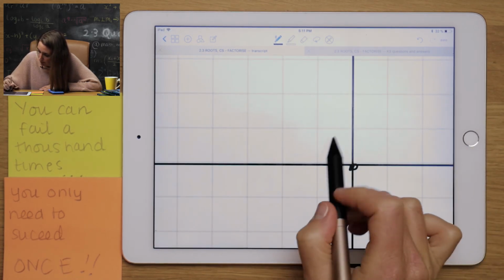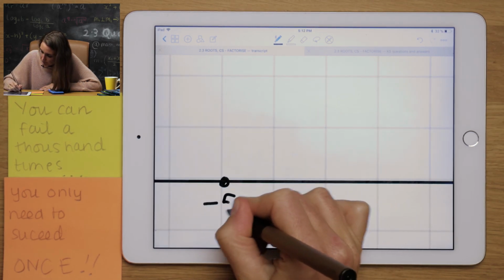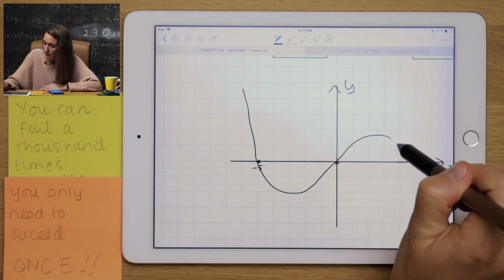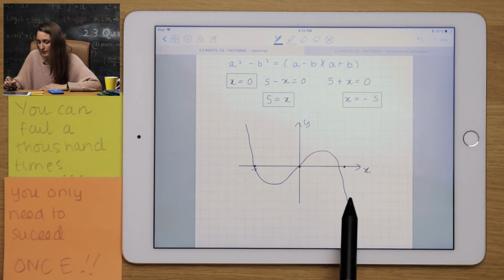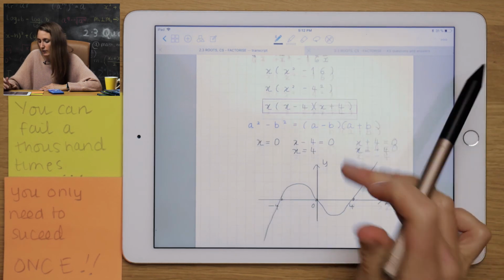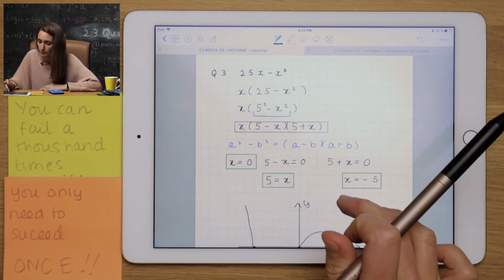Here's 5, 1, 2, 3, 4, 5. That's minus 5. We're going to come from up to down. So that's the difference in shape between the minus x being on the x cubed or the other way around, down to up if the plus is on the x cubed.